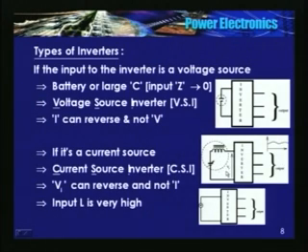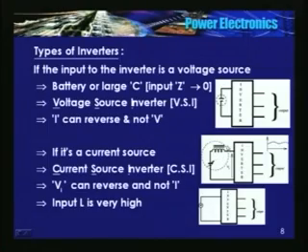So remember, there are two types. One is a voltage source inverter, where current can reverse and not the voltage, and we have a current source inverter, where the input voltage to the inverter can reverse and not the current.